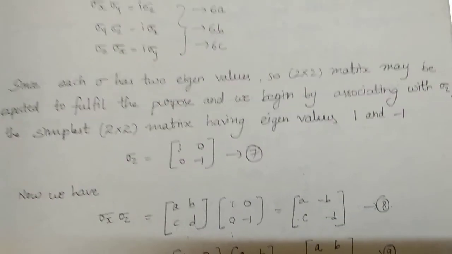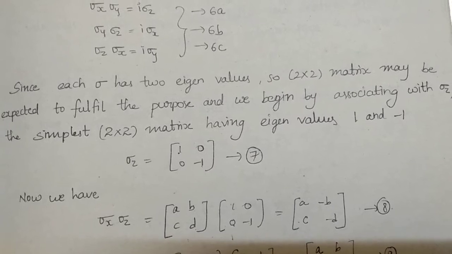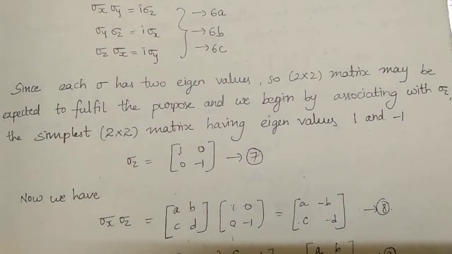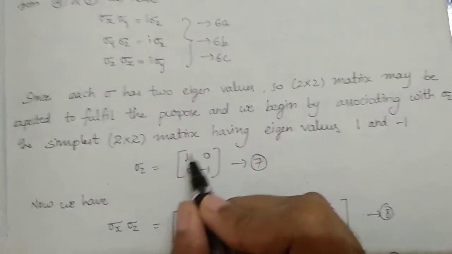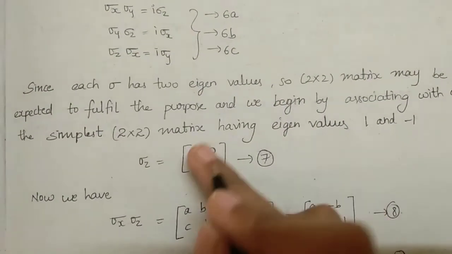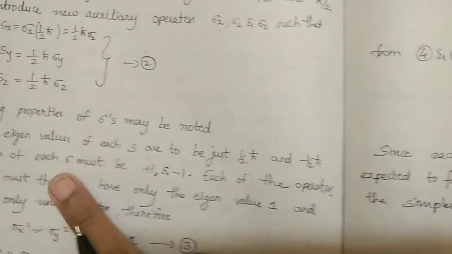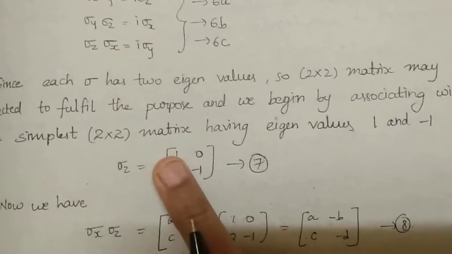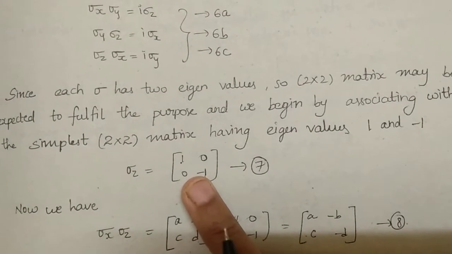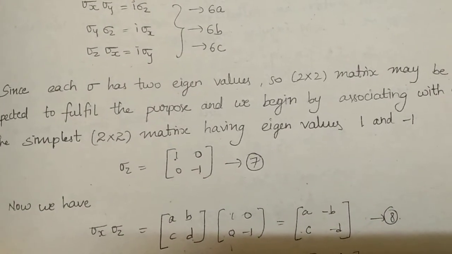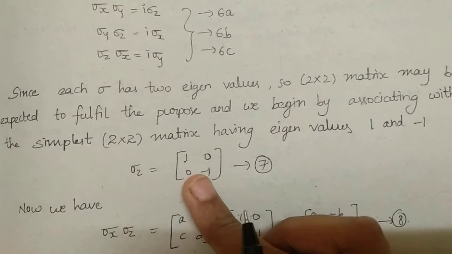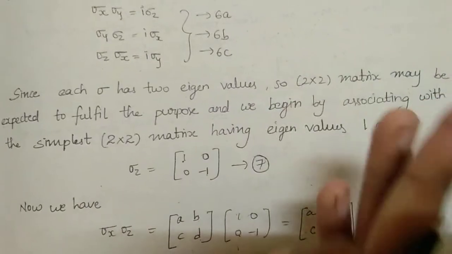Actually, for any matrix, the product of its eigenvalues is equal to its determinant. So we can design the sigma z matrix in this manner because 1 and minus 1 are the eigenvalues of the sigmas. If we do determinant of A minus lambda I equals 0, in place of lambda we get the same 1 and minus 1.